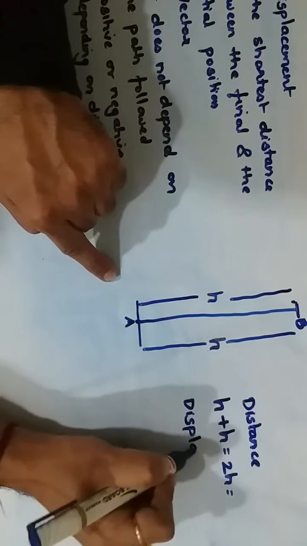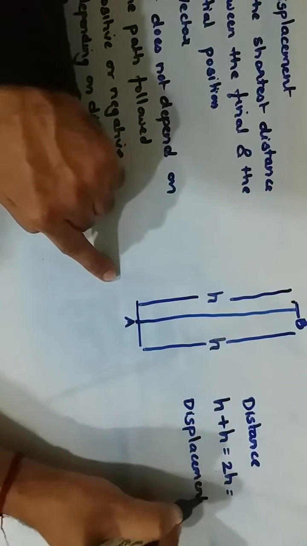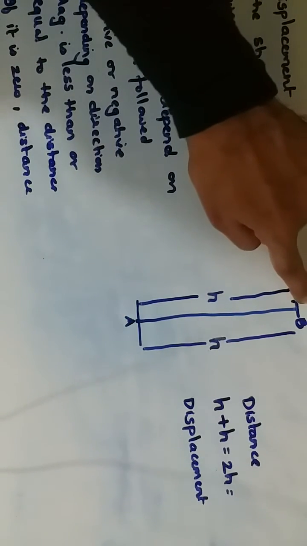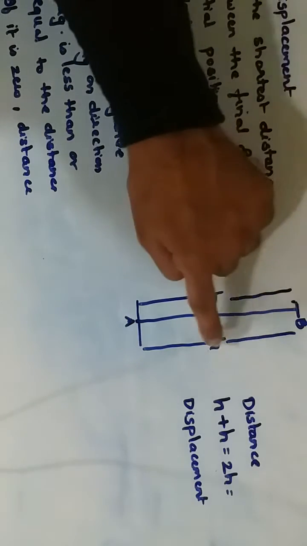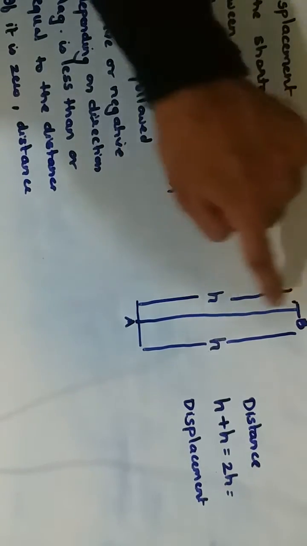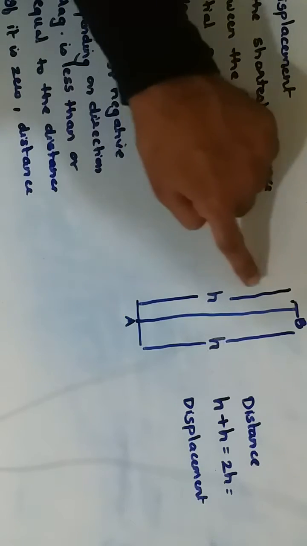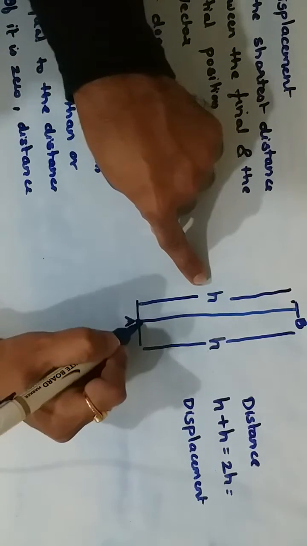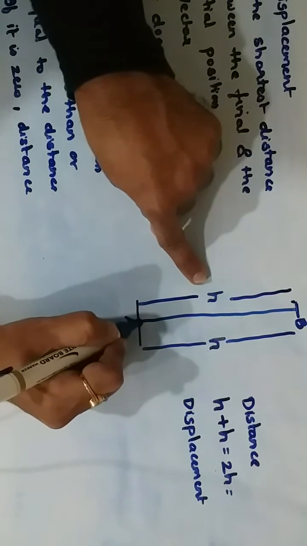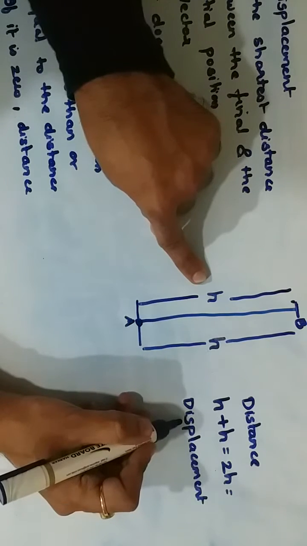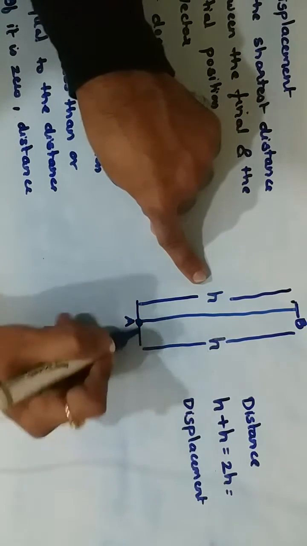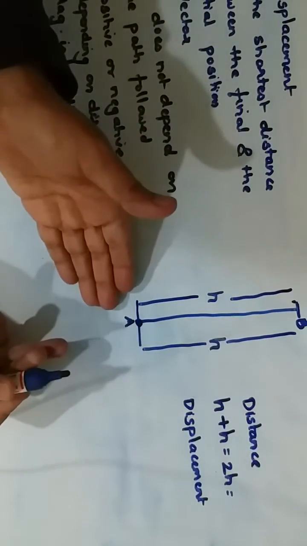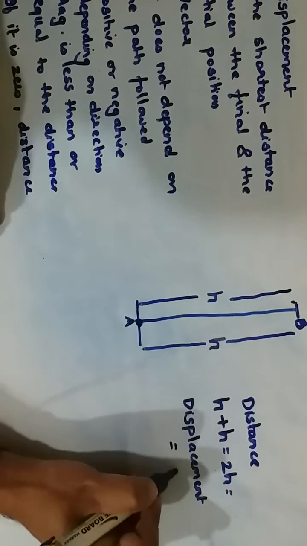But displacement in this case, let us discuss. The initial position is A. The object moving from A to B covers a distance of h, and again from B to A covers a distance of h, but the object started from A and the final position is again A. So according to the definition of displacement, the shortest distance between the initial and the final position, here the object is at the same position, so I can say the displacement is 0.